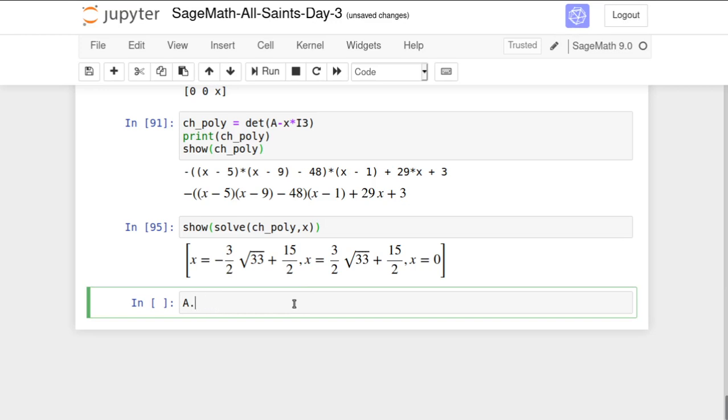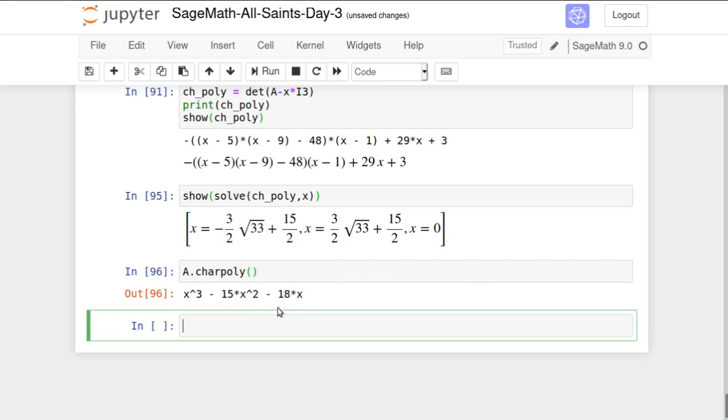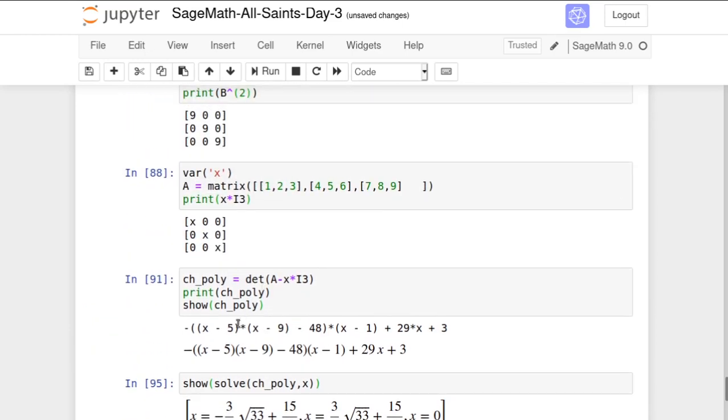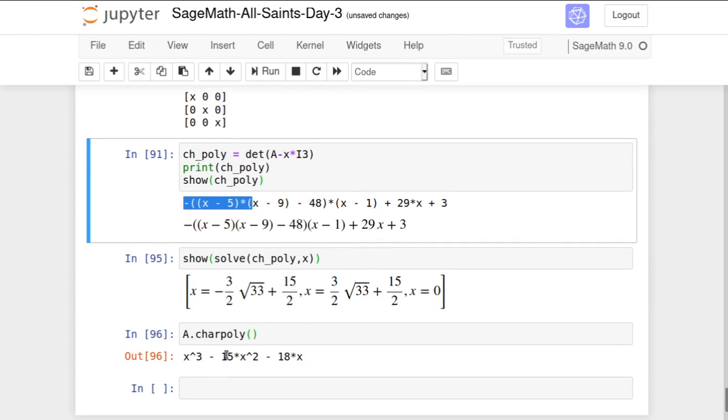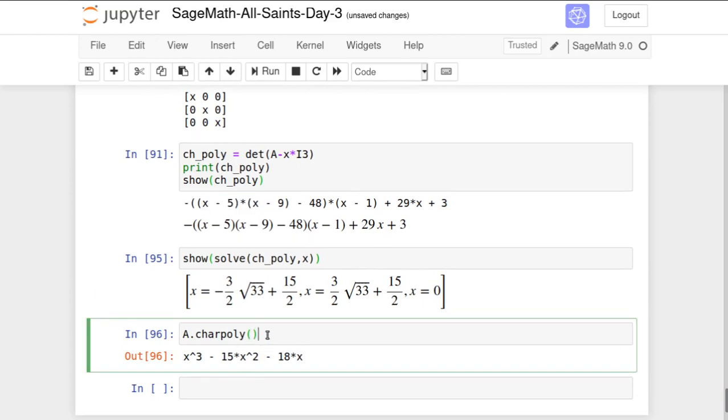A dot characteristic polynomial will actually give a better way of looking at this. Here it is not expanded because we are trying to solve something, but the characteristic polynomial method available in SageMath will automatically give the answer to be x cubed minus 15x squared minus 18x.